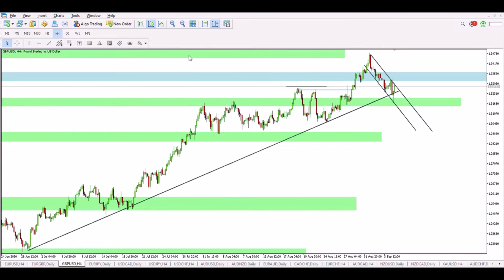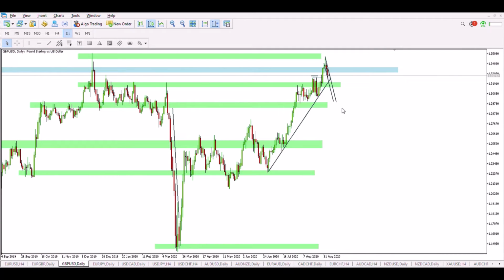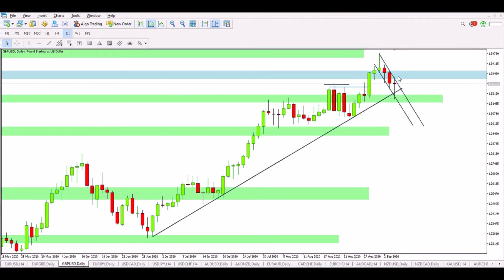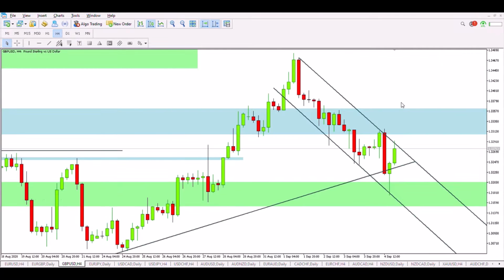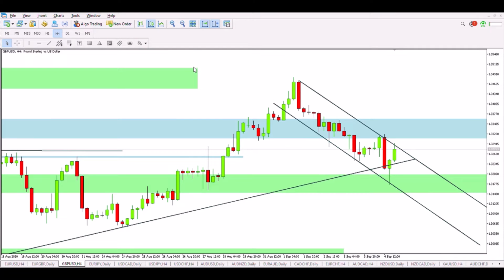We are on the 4-hour, and on the daily you can see again the bullish trend going upwards. Currently we're in a correction, and again we have this daily pin bar. Let's move to the 4-hour to see where the price can find support and where the next resistance can be.